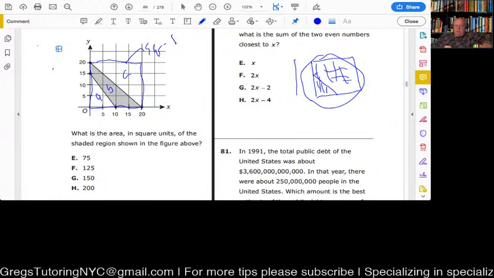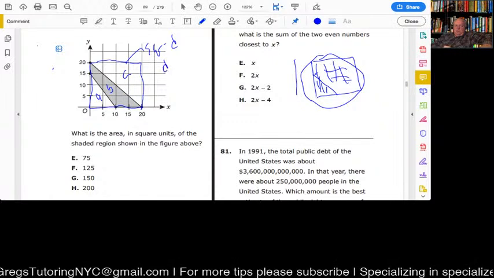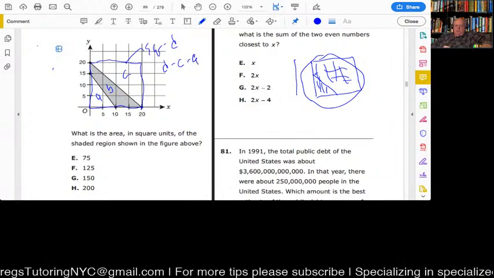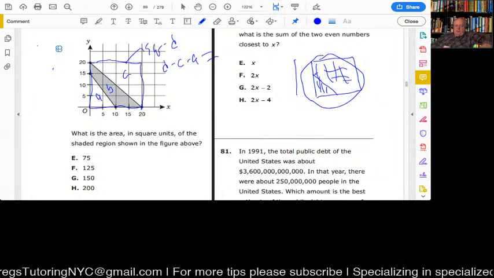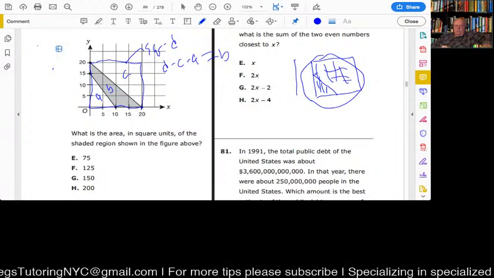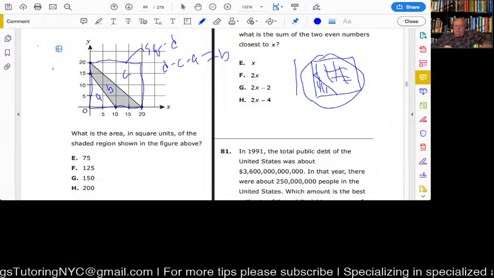That's D. So we're going to take the whole square D, subtract off of it C, subtract off of it A, and what we're left with is B. That's the only thing we're left with. All right. Is everybody with that? Does that make sense to you guys?